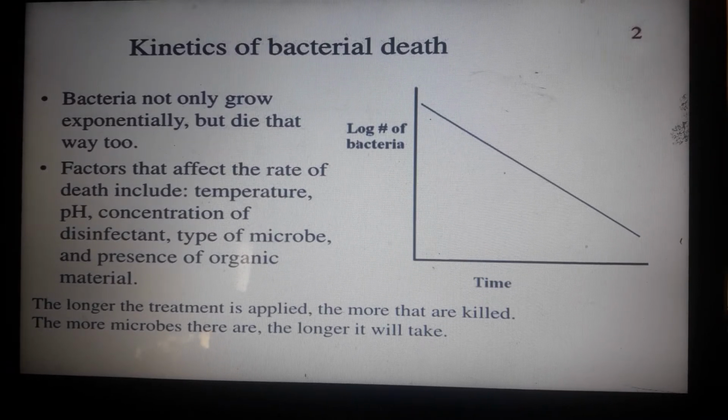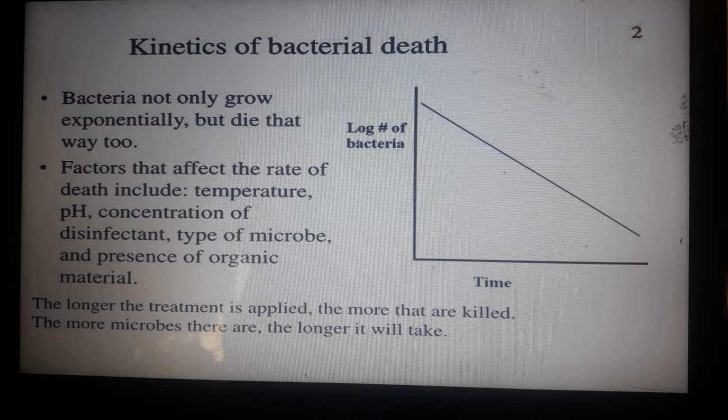The longer the treatment is applied, the more microbes are killed; the more microbes there are, the longer it will take. If you treat longer with antibiotics, the more it will kill. That's why there is what we call microbial resistance.